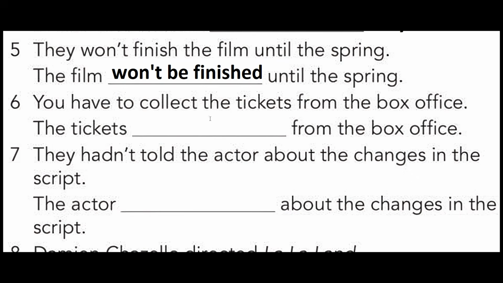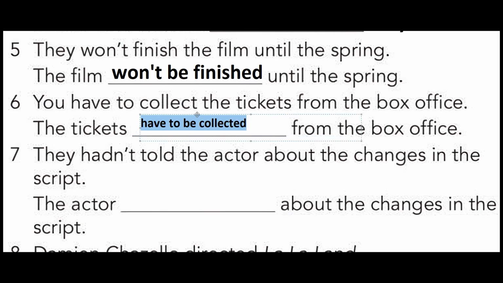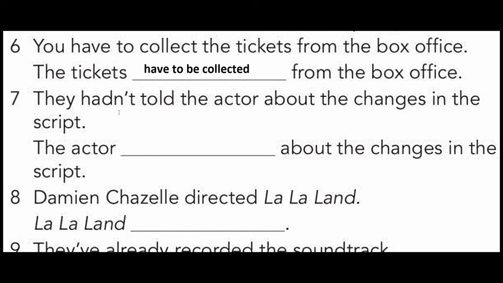You have to collect the tickets from the box office. The tickets have to be collected, I think, from the box office. I mean, should we say by whom? I don't think so. Maybe someone can do it, or you. They hadn't told the actor about the changes in the script.